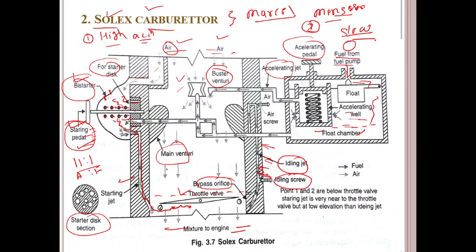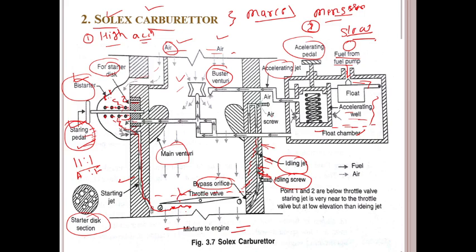The fuel from the pilot jet will be mixed with the air sucked in from the pilot air bleed orifice outside, from the environment. So the enriched mixture from the pilot jet will be sent directly to the engine, below the throttle valve. An air screw is present.